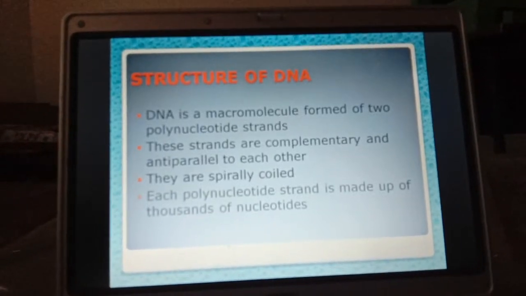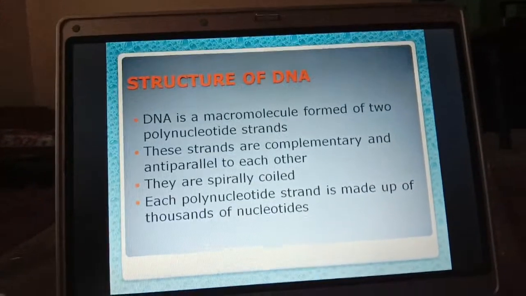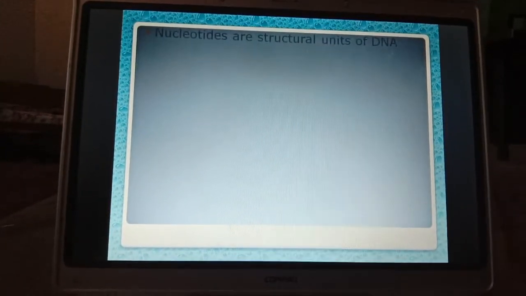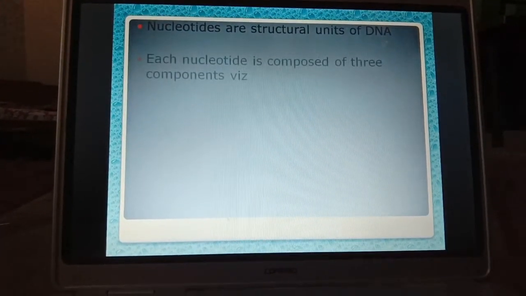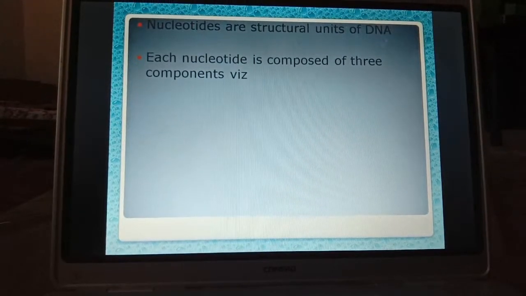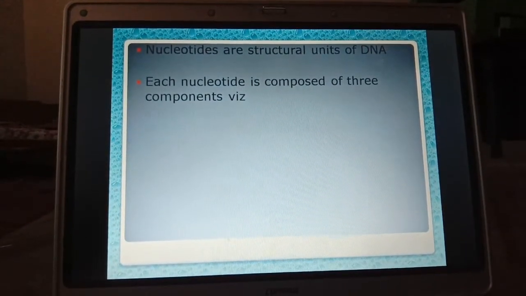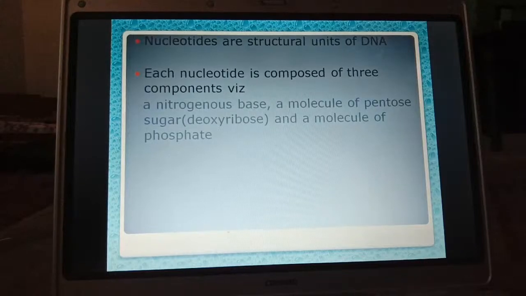Each polynucleotide strand is made up of thousands of nucleotides. Nucleotides are the structural units of DNA. Each nucleotide is composed of 3 components. What are the 3 components?